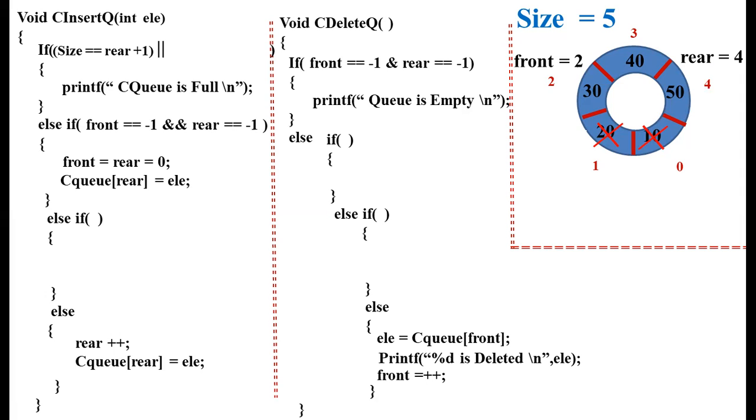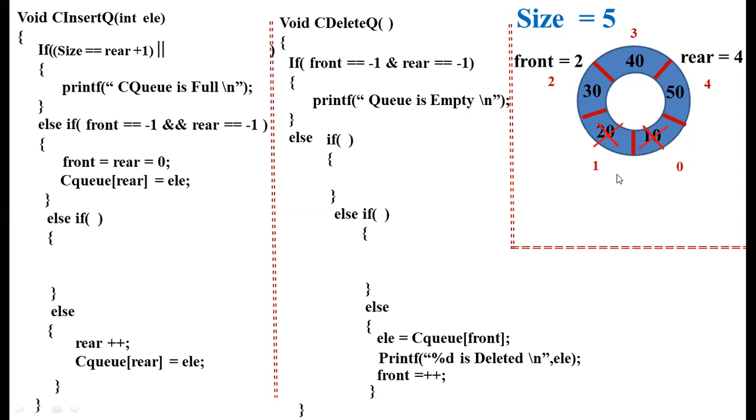But if you can see here, we have 2 vacant positions, so the queue is not full. After deletion, the rear is still 4. We have 2 vacant positions, but when we try to insert an element into the queue, it will display the message saying that the queue is full. So what do we have to do? We have to go for another condition.